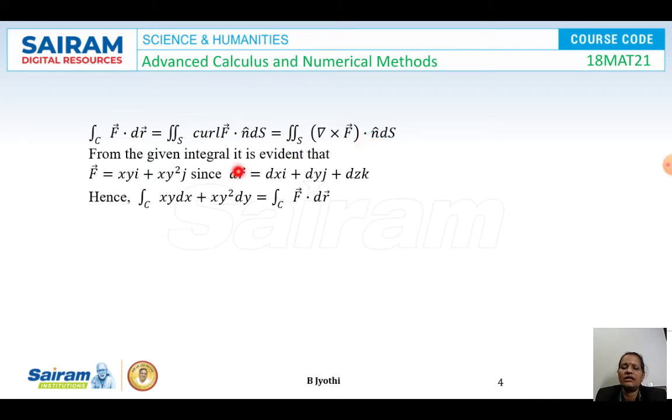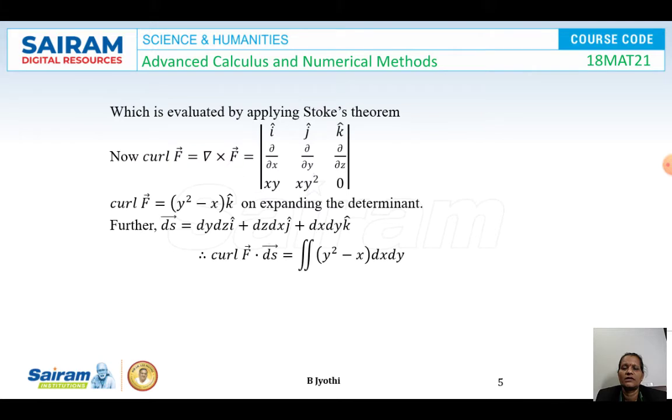From the given integral, it is evident that f is given by xy i plus xy square j, since dr is dx i plus dy j plus dz k. Hence, taking the dot product of f and dr, we get xy dx plus xy square dy, and the dz term will not be there because the k term is not there. That is equal to f dot dr, which is evaluated by applying the Stokes theorem.